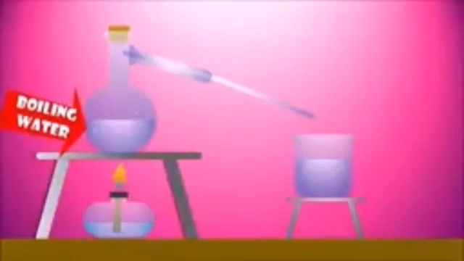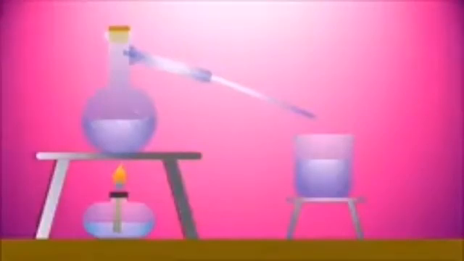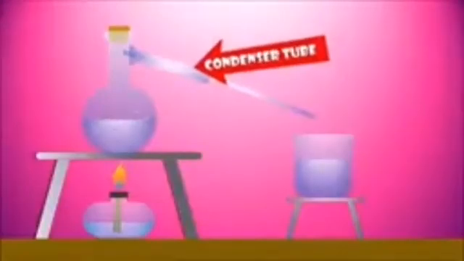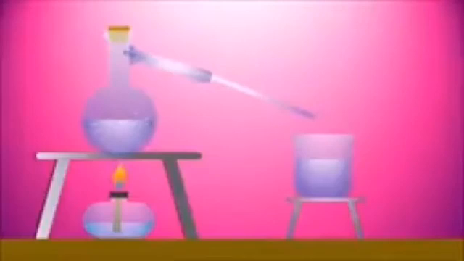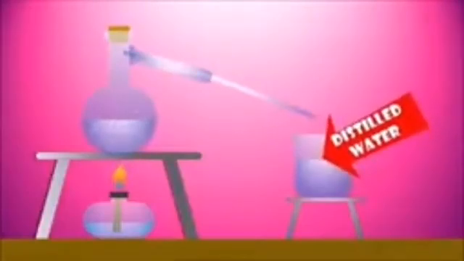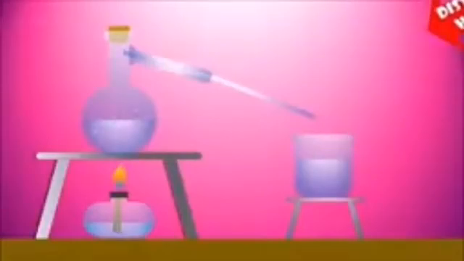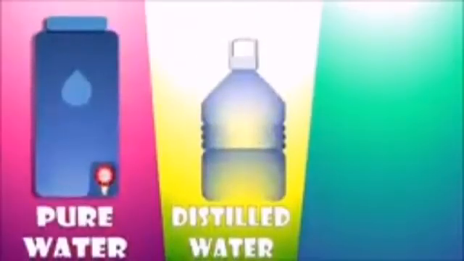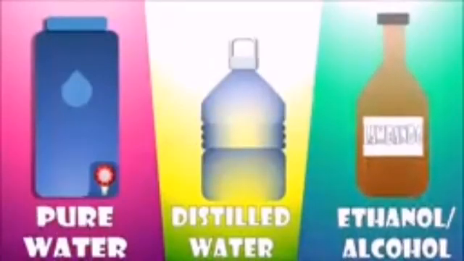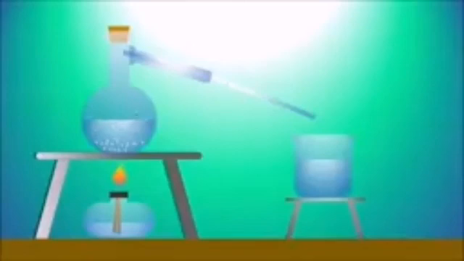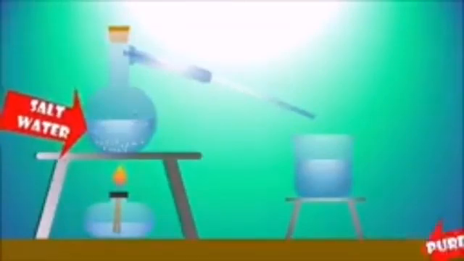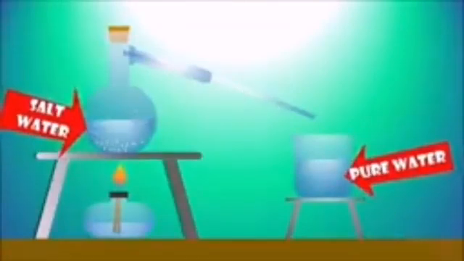In this process, the mixture is heated. The substance with the lowest boiling point boils to vapor and condenses to liquid. The vapor is collected as distilled water. Distillation is used in producing pure water, distilled water, and ethanol or alcohol. Pure water can also be obtained from salt water by distillation.